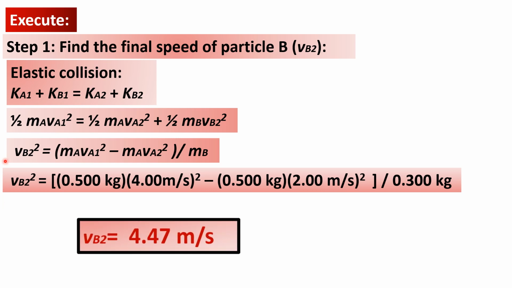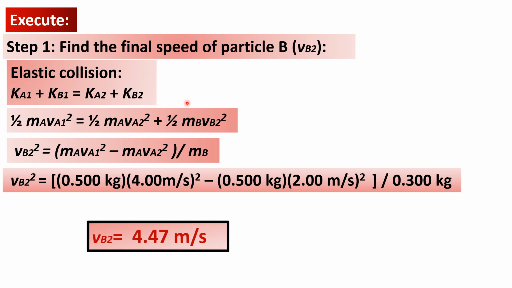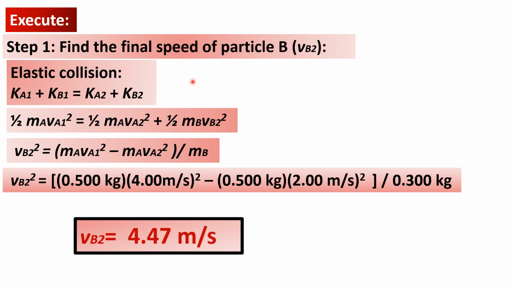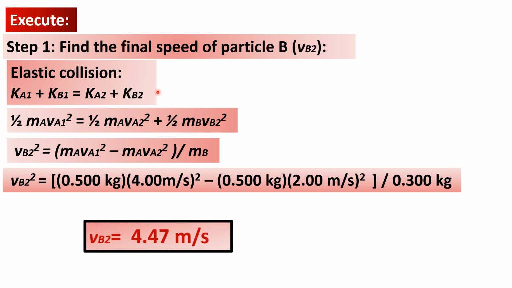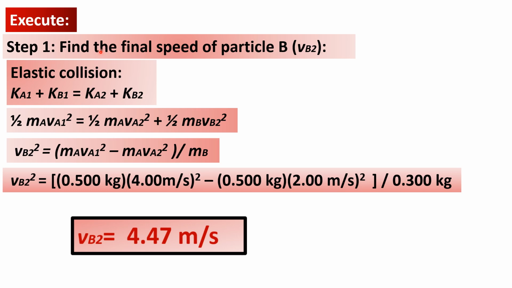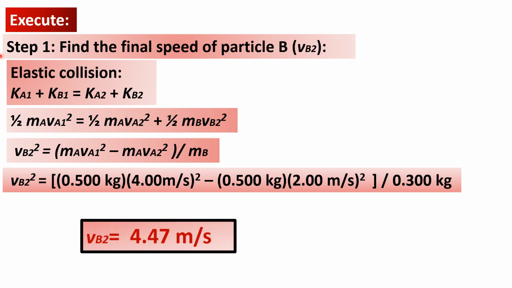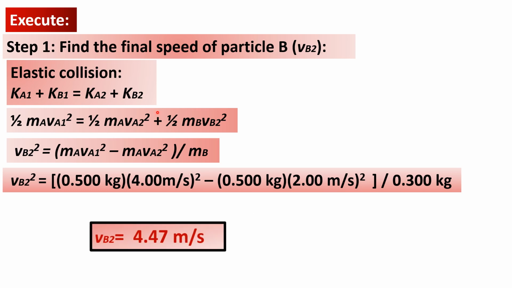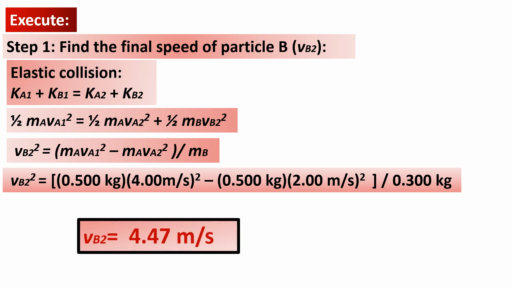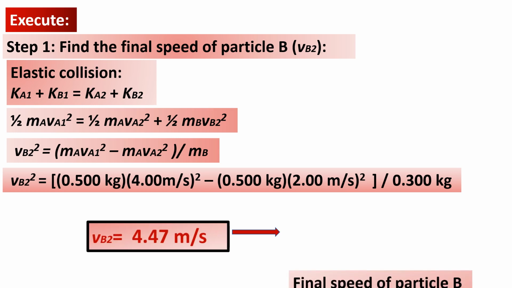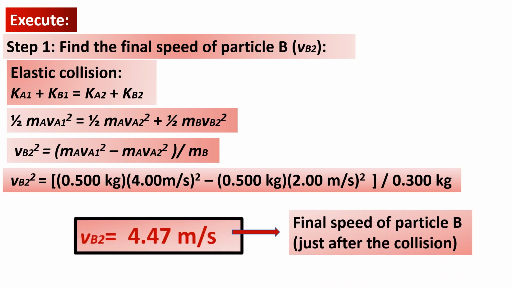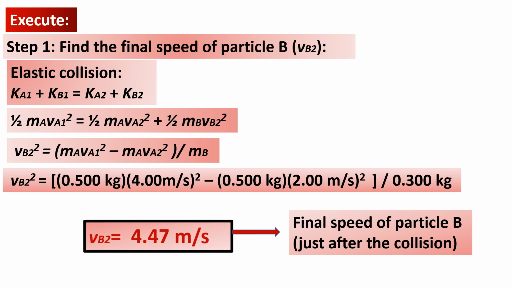Don't forget that after simplifying the previous equation, you need to get the square root, because what you are looking for is v_B2, but what we have in our equation is v_B2 squared. So this value of 4.47 meters per second is our final speed for particle B just after the collision.